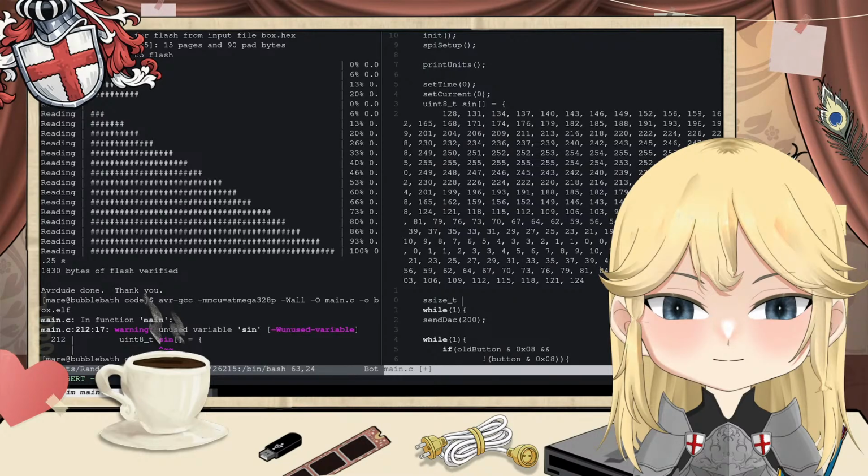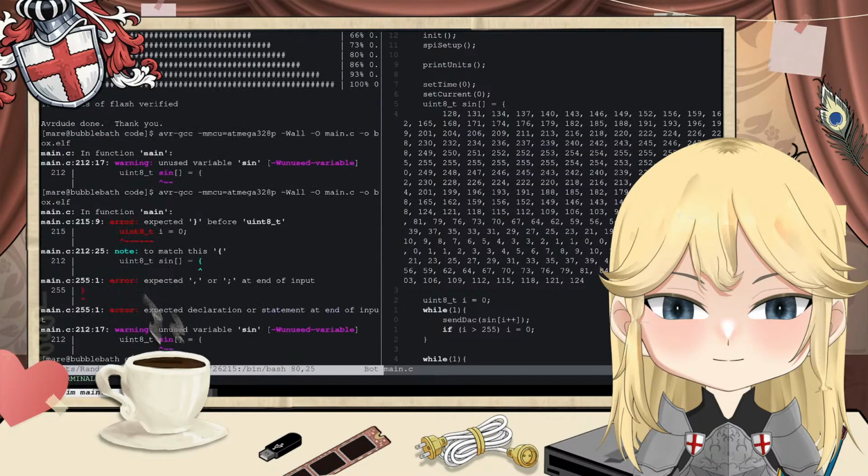I think so. uint8_t i equals 0, and we will do sign i, if i bigger than 255, i equals 0. Yep, we got some errors.